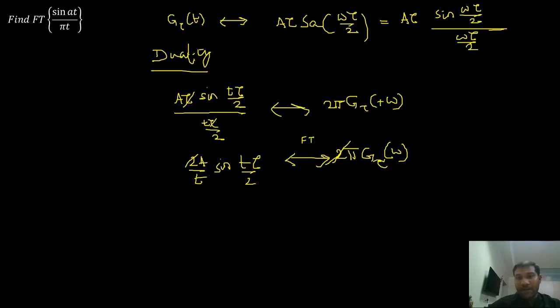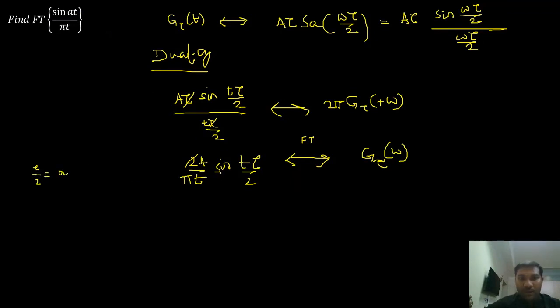Now let me take this pi to the other side. I'll erase pi on this side, and I will write it in the denominator here. So I have pi t in my denominator, and in the numerator I should have sin at. Now I will substitute tau by 2 is equal to a.